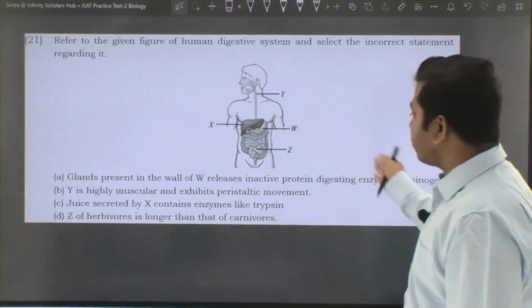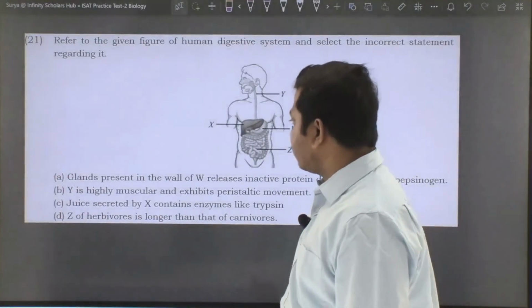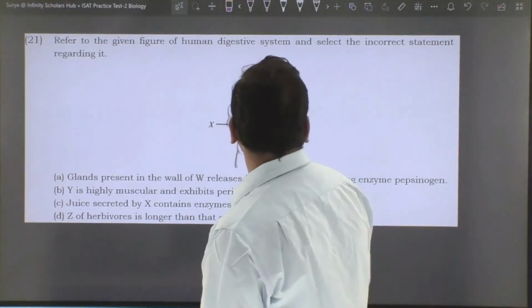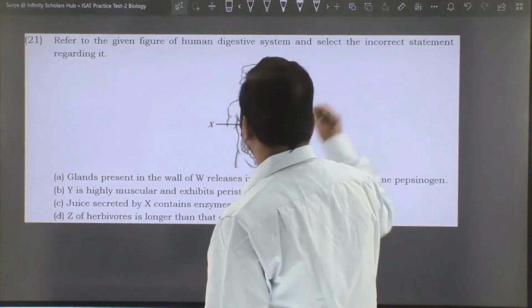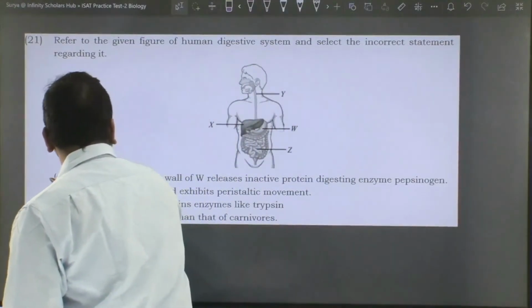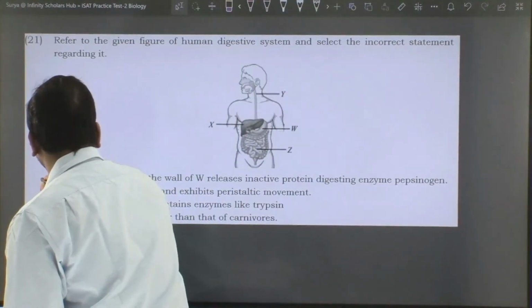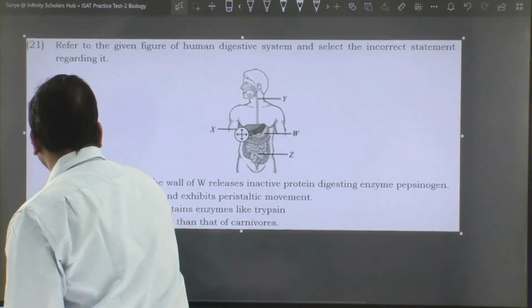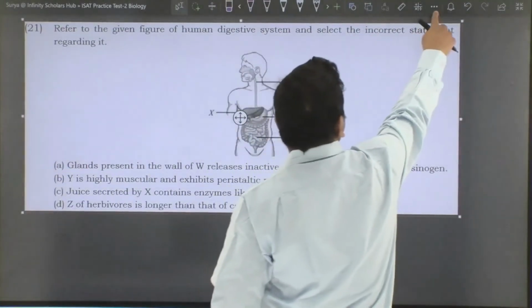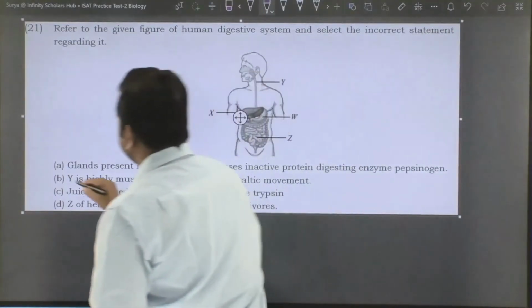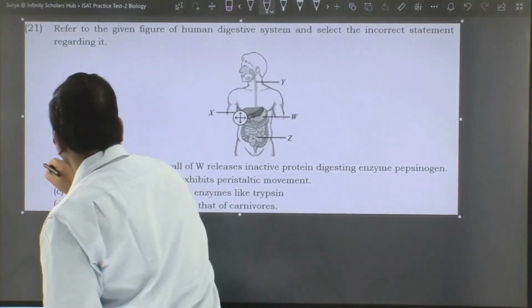So pepsinogen is the inactive form of the enzyme, and the active form is converted from it. So this is the correct option. We have to select the incorrect option, so this is not the choice that we are looking for.